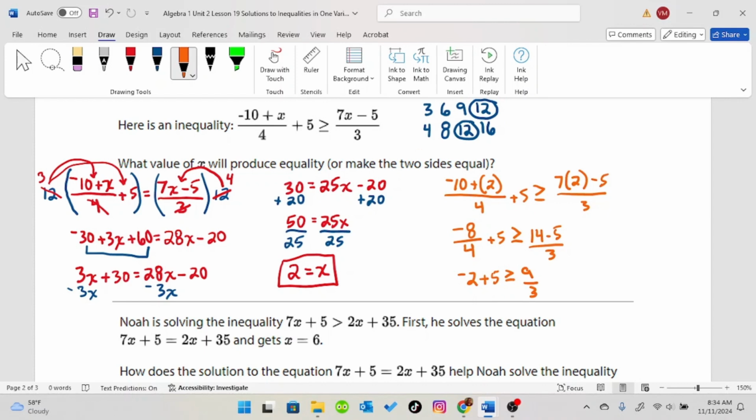Negative 2 plus 5 is 3. 9 divided by 3 is 3. And we see that we are correct. This does produce 3 equals 3.